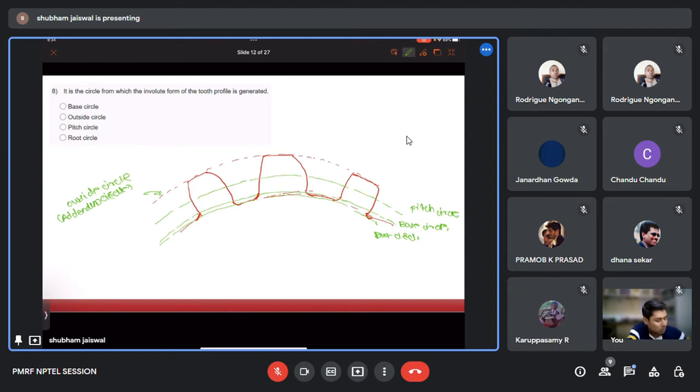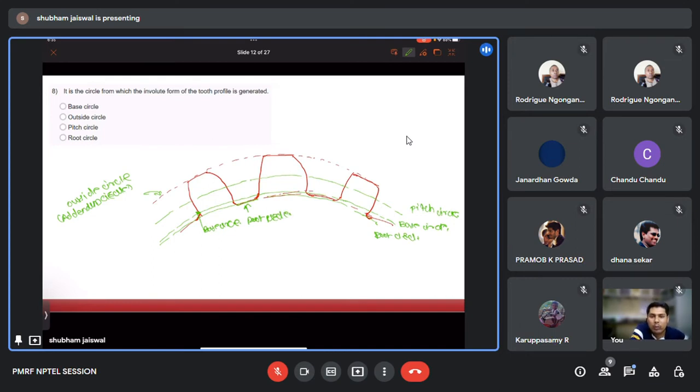So the involute profile will begin from this point, that is from the base circle. And the root circle is the circle corresponding to the minimum diameter of the gear profile. So it will give the minimum diameter of the gear profile.